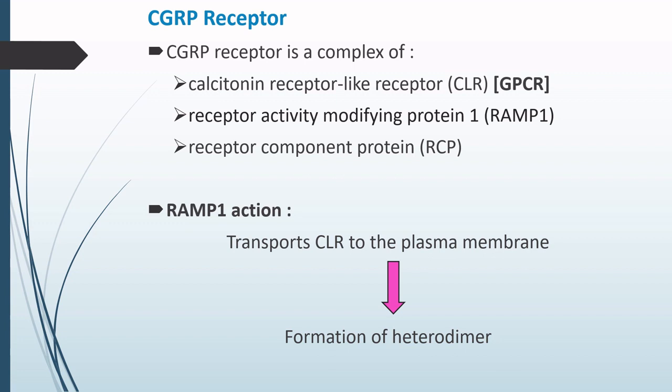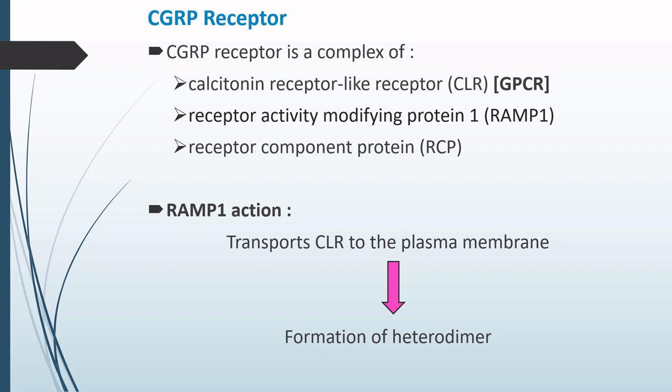Let us talk briefly about the CGRP receptor. The CGRP receptor is a complex which is made up of three subunits. Now the first subunit is the calcitonin receptor-like receptor or the CLR. This CLR is the one which has the GPCR or the G protein coupled receptor activity within it. There is a detailed discussion of GPCR.